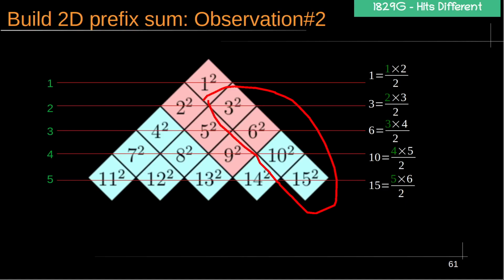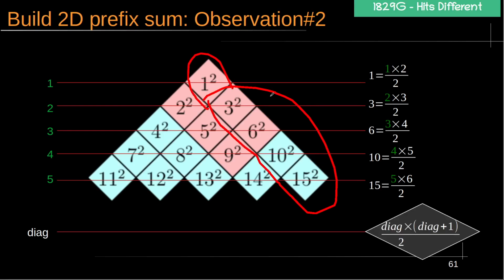So we have found all these numbers for the first row using this formula. In general, to find the first number on the first row, we use the diagonal times diagonal plus 1 over 2.